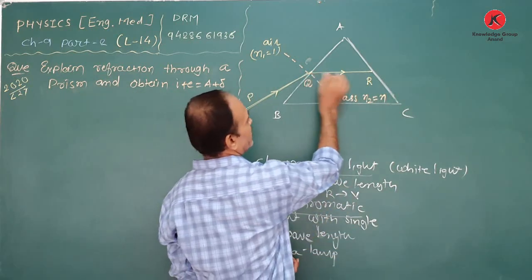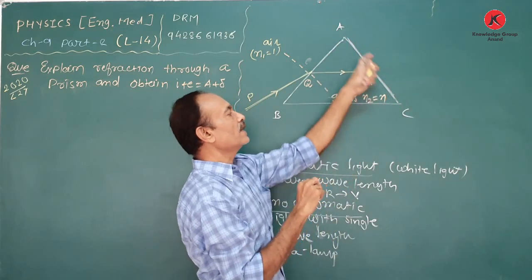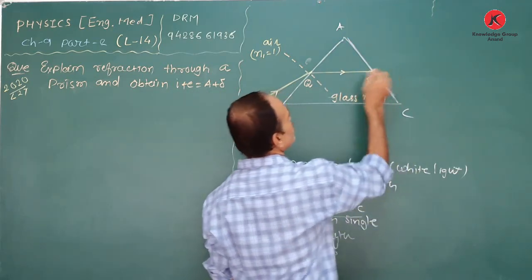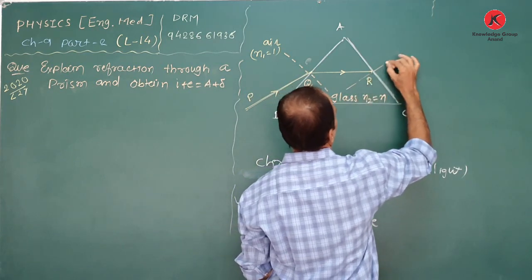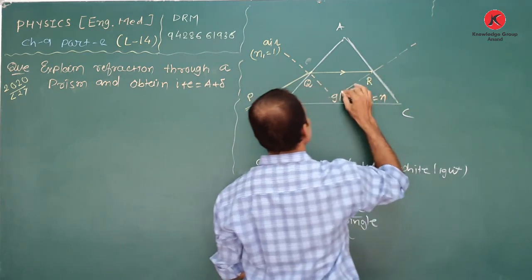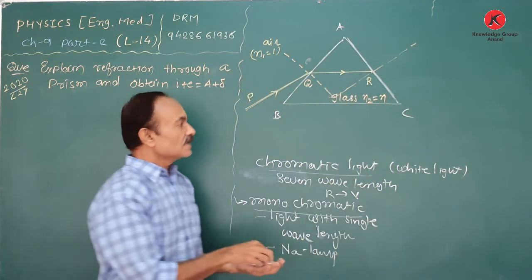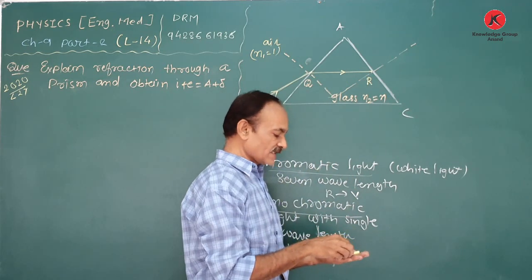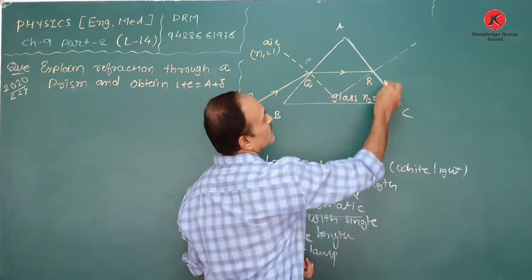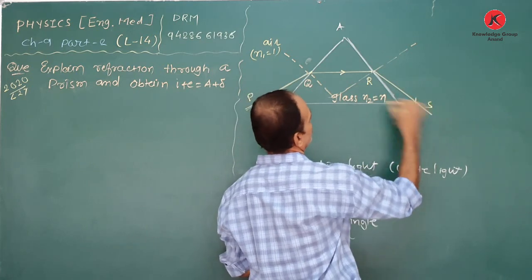Now this refracted ray QR is incident at point R on surface AC, and we draw the normal at point R. This incident ray QR, according to Snell's law, is refracted as RS and emerges out from the prism.